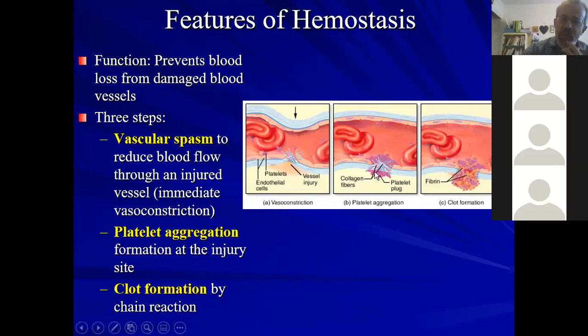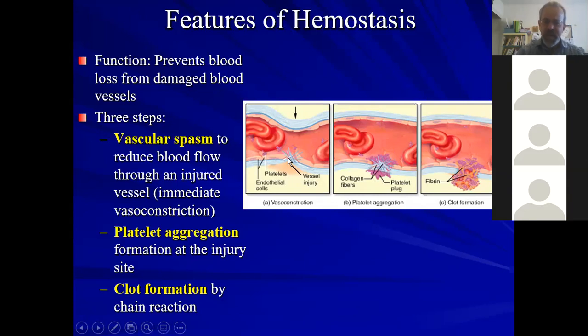This is followed by what we call platelet aggregation. And in the last lecture, I spoke about platelets. These are the cell fragments that are responsible for producing chemicals that lead to a clot, right? We get an aggregation of platelets at the injury. So this is the site of the injury.